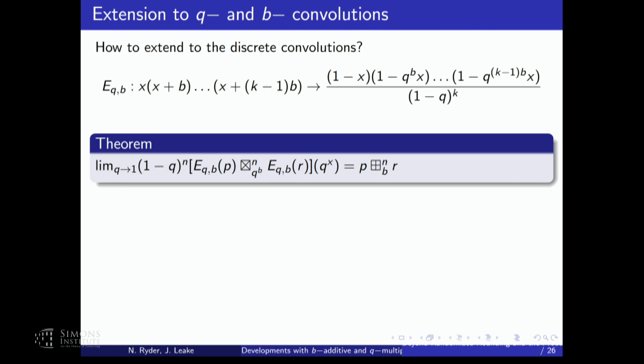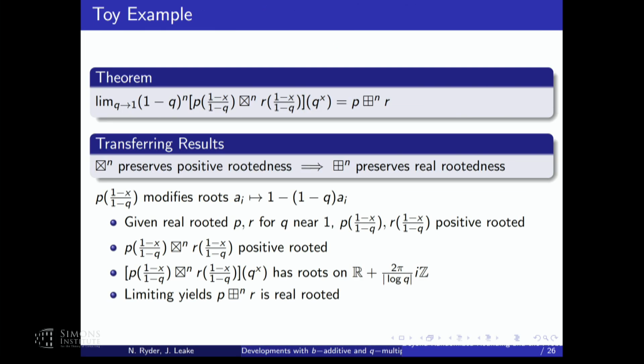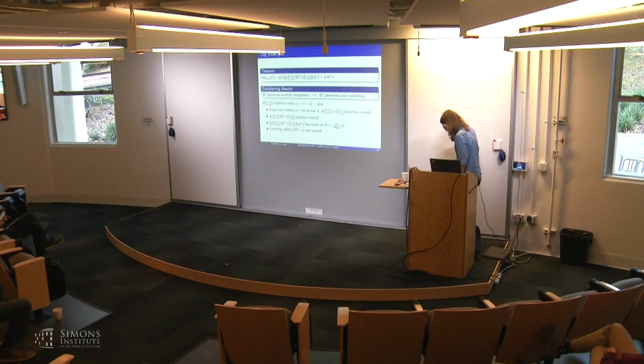Before you go on to the trickiness, can I ask? Yeah. What happens if you replace the multiplicative convolution with just additive, and then do this funky operation? Multiplication becomes sort of addition. What happens to addition? Do you know?